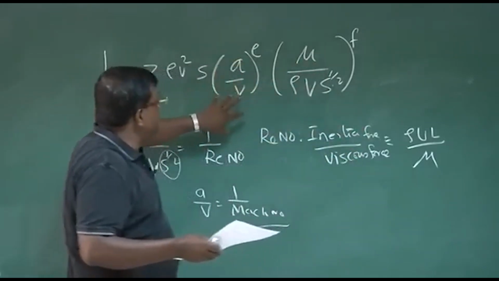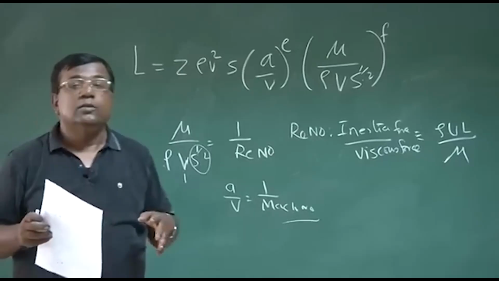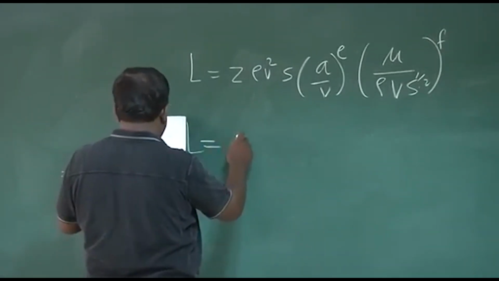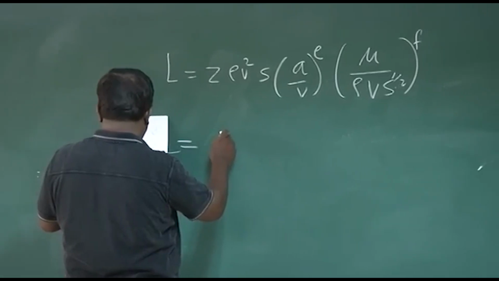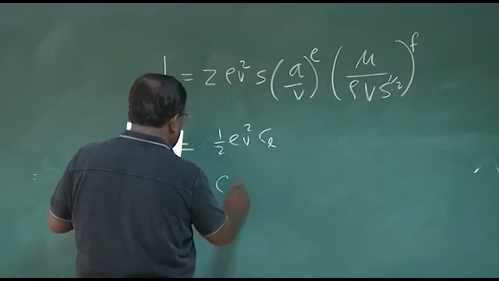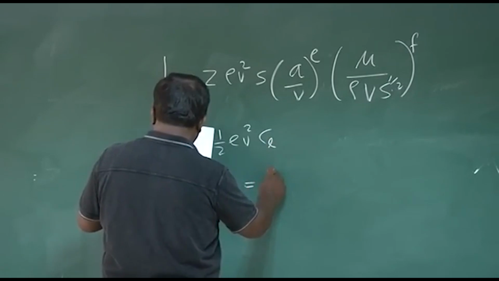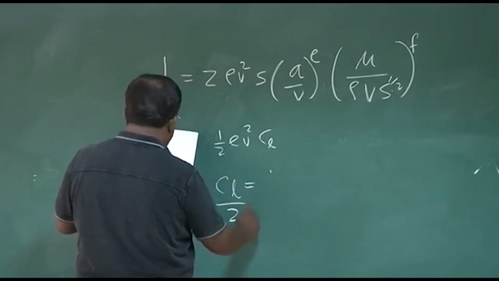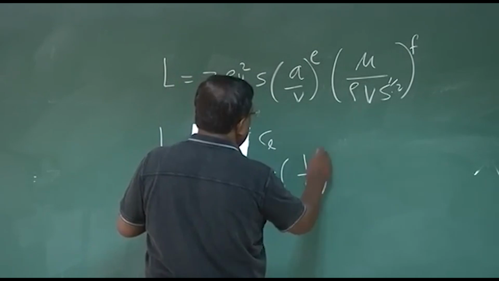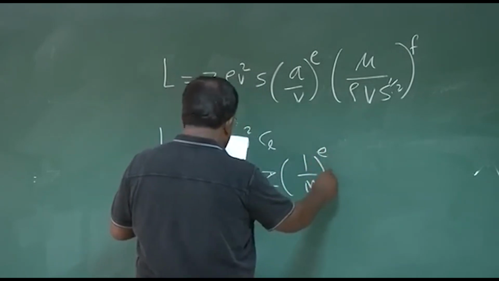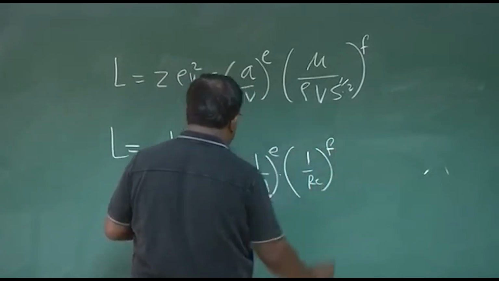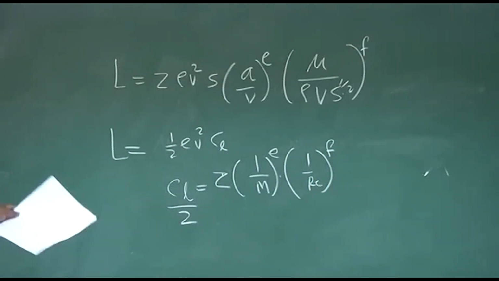When I talk about A by V, I understand it is with the Mach number. So we now express this as half rho V square CL, where CL by 2 we have written as Z, 1 by M to the power E, and 1 by RE to the power F.